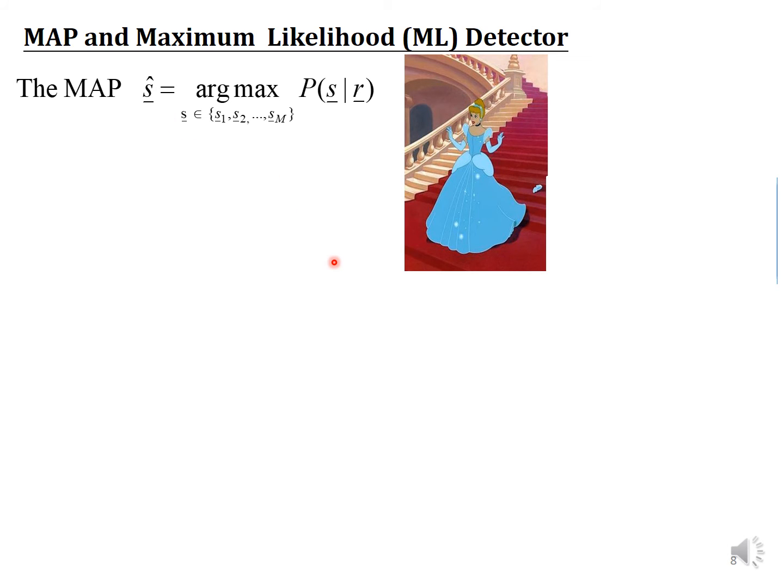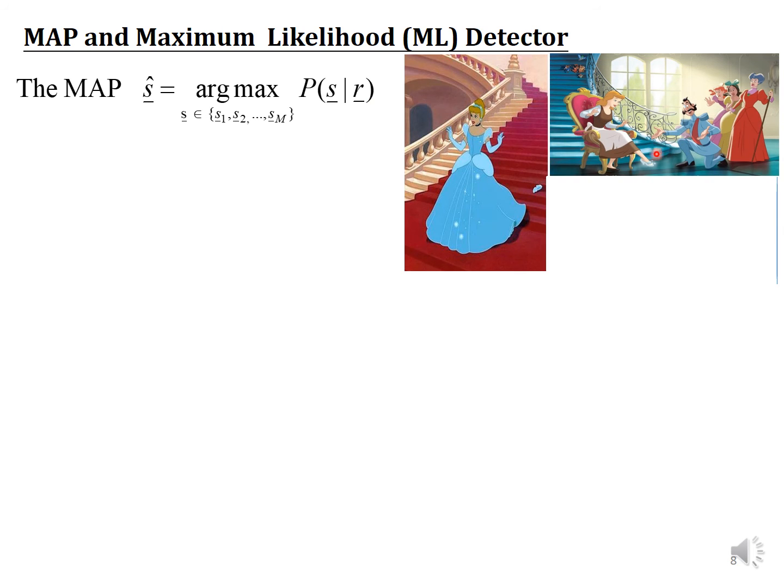The concept of the MAP detector is similar to the Cinderella story. Remember, Cinderella lost her shoe at the party. Cinderella is the S, and her shoe is the R, the clue.